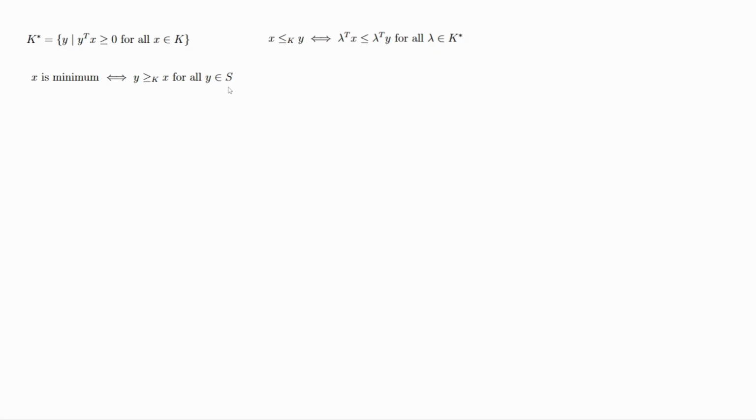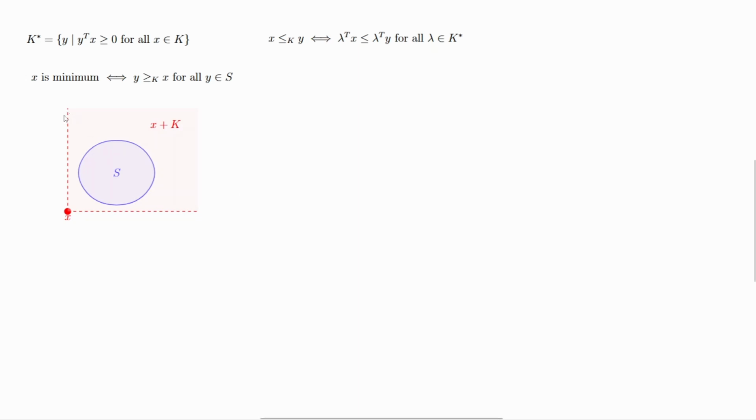So this is a very strong condition, right? For x to be a minimum, every element y in the set S must satisfy y minus x is in the set K. So geometrically, this means that the entire set S must lie in x plus K.